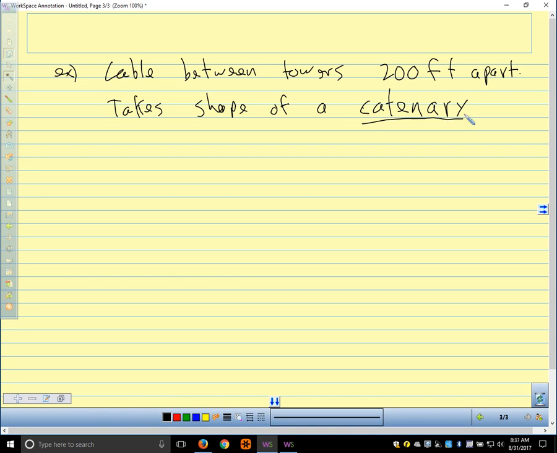But if you assume that the cable has mass, the shape is not actually parabolic. It's what we call a catenary. And the formula is y equals 75 times e to the x over 150 plus e to the minus x over 150. Does that look familiar? It's cosh. And because we don't have a 2 here, this equals 150 cosh of x over 150.